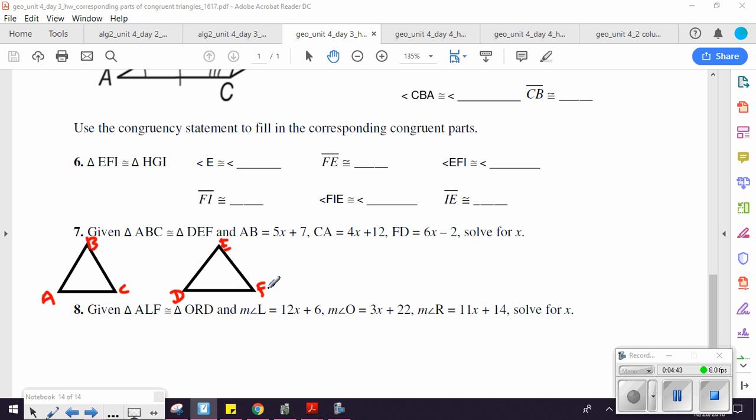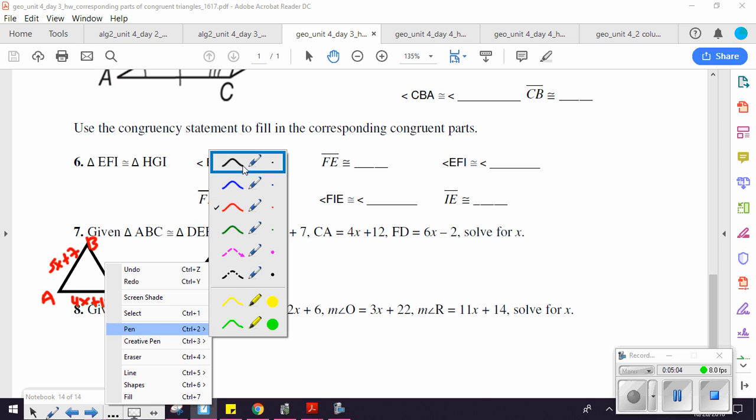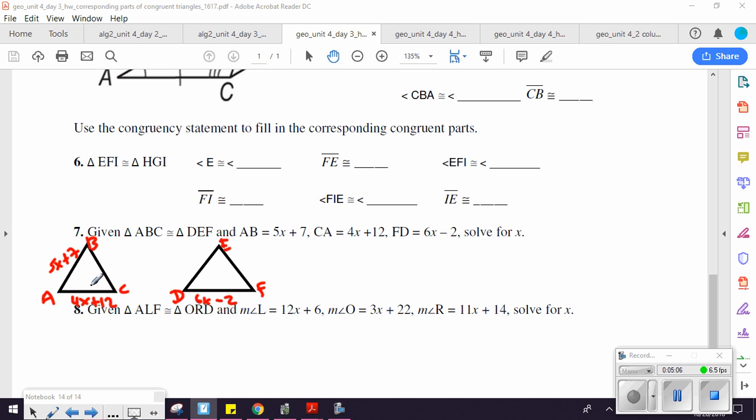Then it tells me that side AB is 5x plus 7. CA, 4x plus 12. FD, 6x minus 2. So as you can see, even though given three pieces of information, only two correspond, and that would be CA with FD.